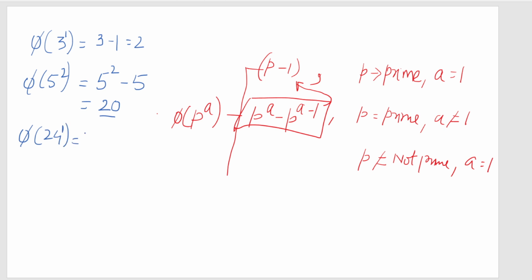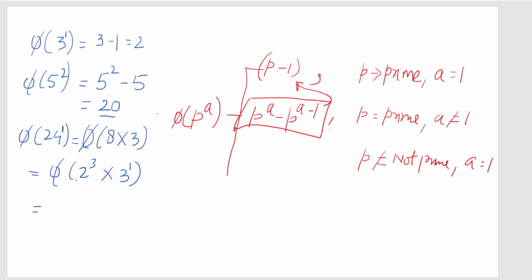In that case, I can write it as phi of 8 into 3, and then I can rewrite it as phi of 2 to the power 3 into 3. Again prime factorization, 2 to the power 3 and 3 to the power 1. Then I can use the same formula.